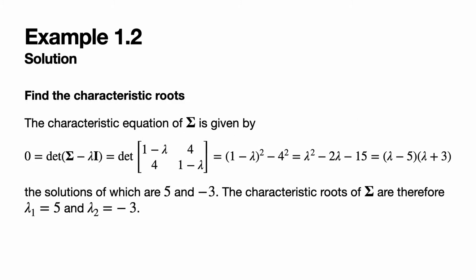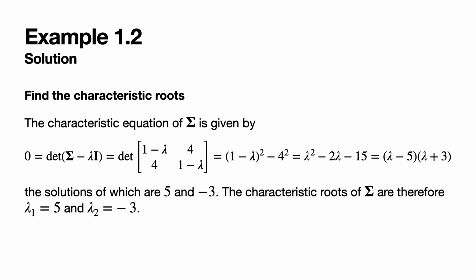So let's first find the characteristic roots of cap sigma. Now you'll recall that the characteristic equation of cap sigma is given by setting the characteristic polynomial of cap sigma equal to 0. The characteristic polynomial of cap sigma is equal to the determinant of the matrix cap sigma minus lambda times the identity matrix.